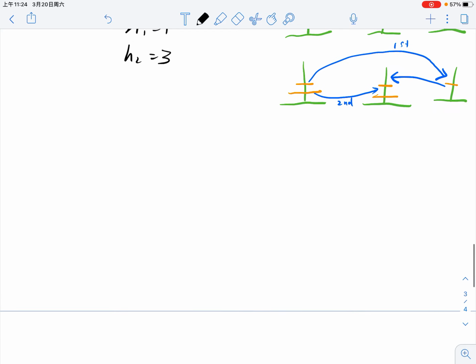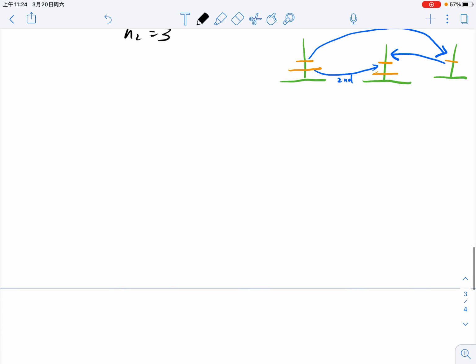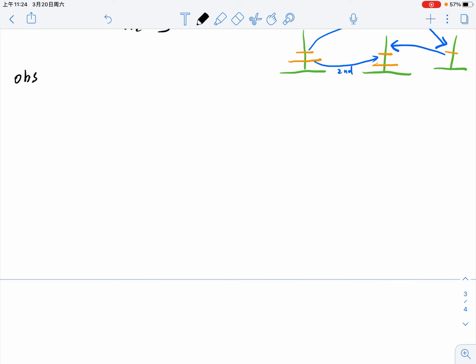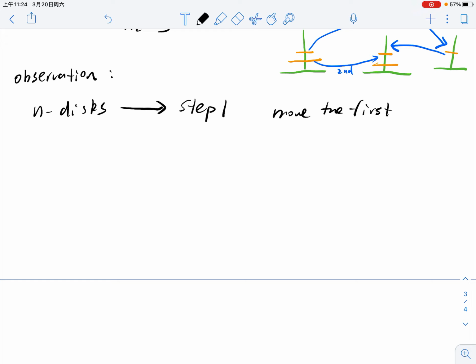Okay, and what about the general case? One observation is that n discs you can do in the following way. Step 1, move the first n-1 discs to the second peg.